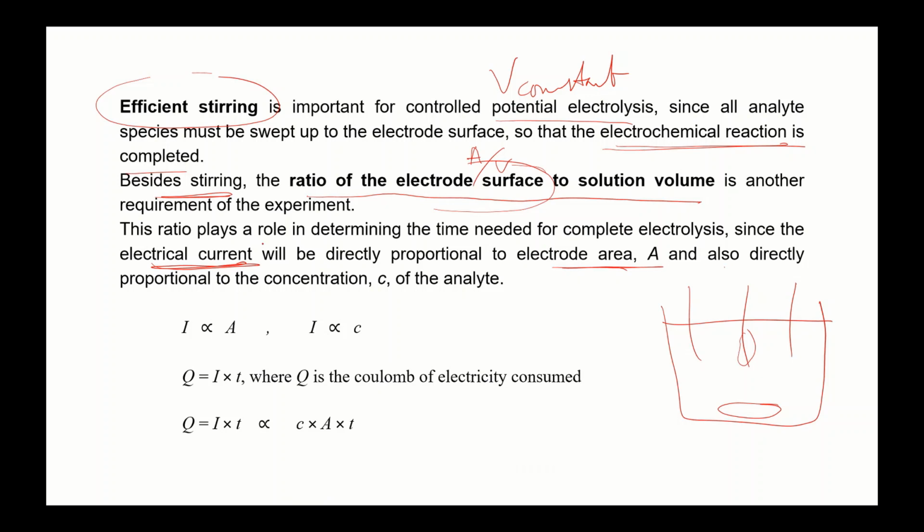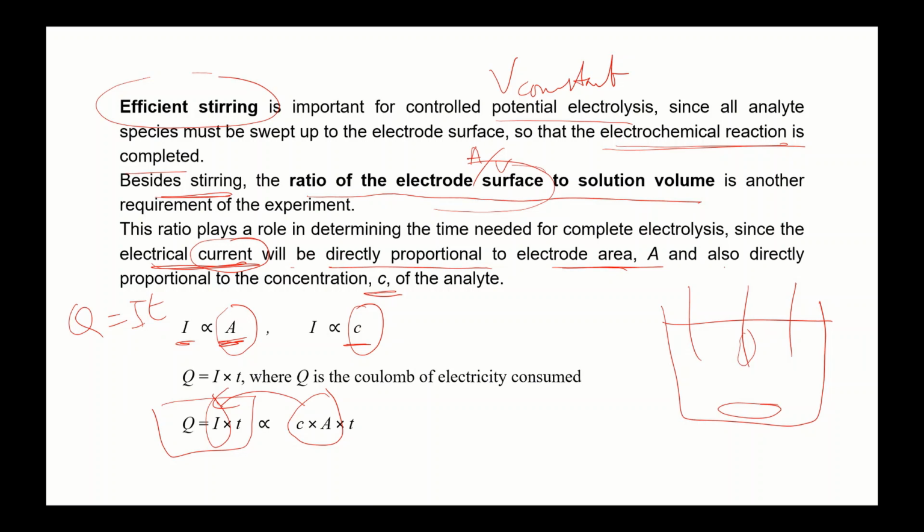The current will be directly proportional to the area of the electrode as well as the concentration of the analyte. So you should relate Q equals I times T, where I depends on A and C, in potentiostatic coulometry.